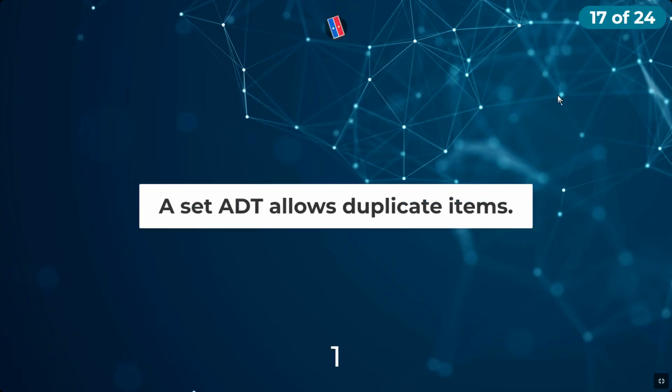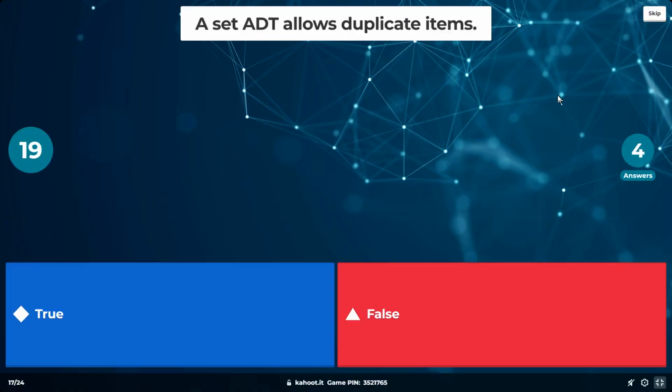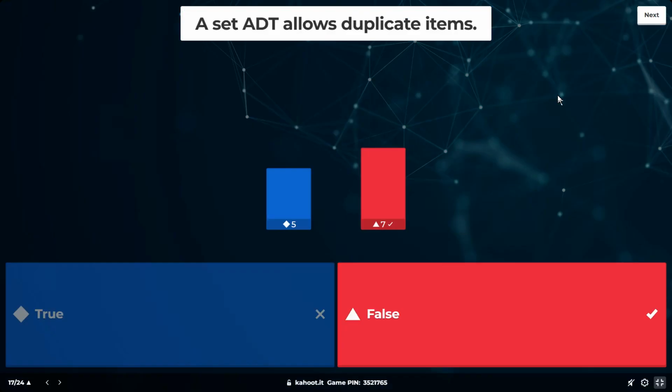How about a set? A set ADT allows duplicate items, true or false. A set does not. What about a bag? A bag and a set are kind of similar. You're just throwing everything into a collection, well, kind of like a bag. You're playing Scrabble.